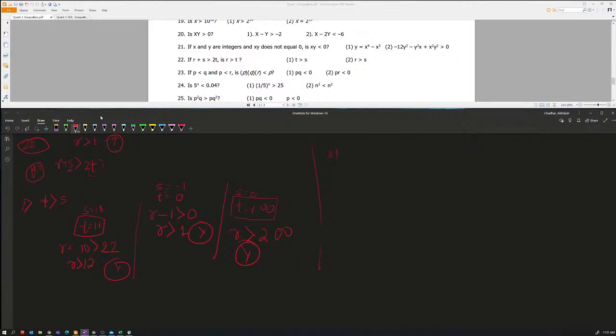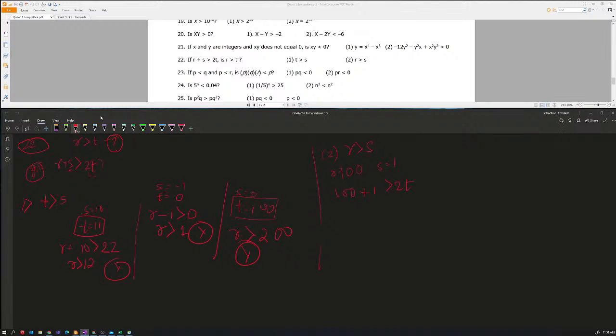Let's take condition number 2. Condition number 2 is r is greater than s. Now r is greater than s, let's take some value of r. Let's take r equal to 100 and s equal to 1. Then we put 100 plus 1 is greater than 2t.